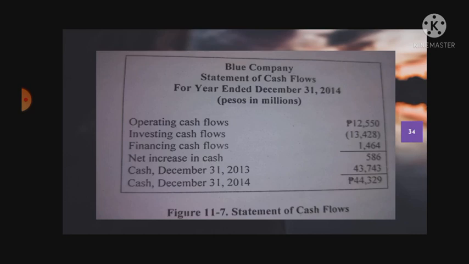Cash payments for selling, administrative, and other expenses. Cash receipts and cash payments of an insurance entity for premiums and claims, annuities, and other policy benefits, and cash receipts and payments for securities held for trading.